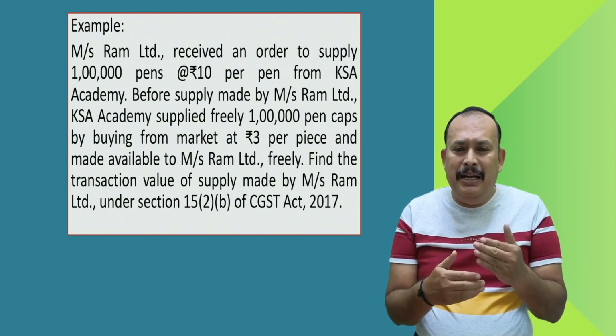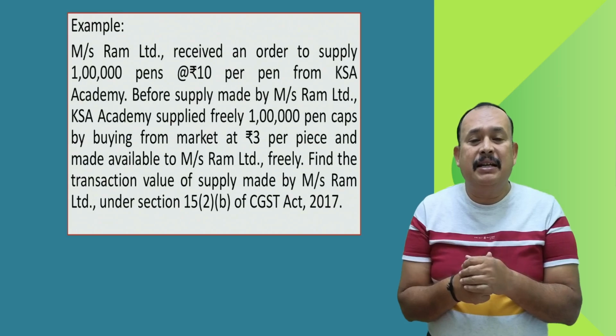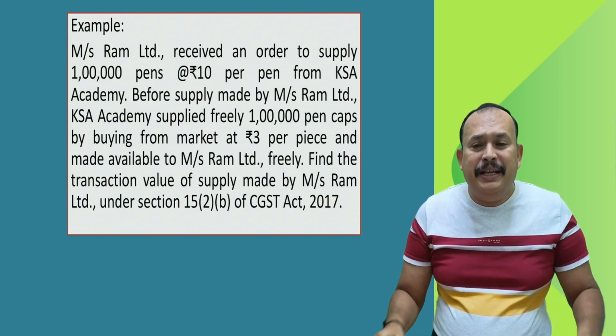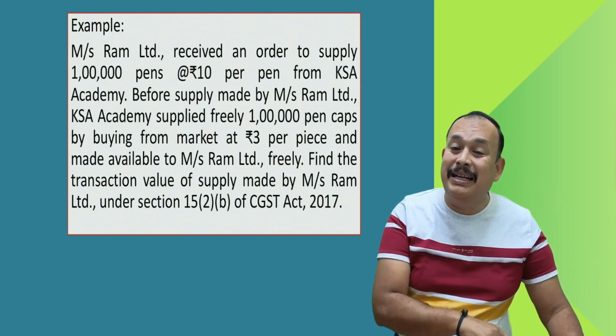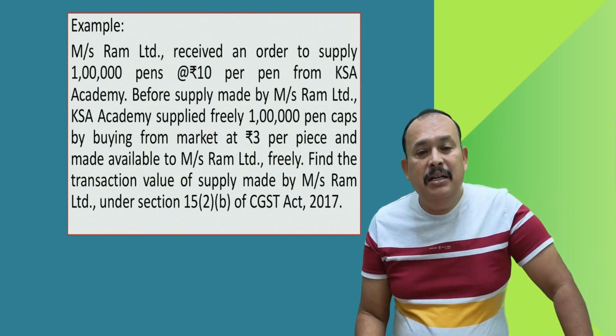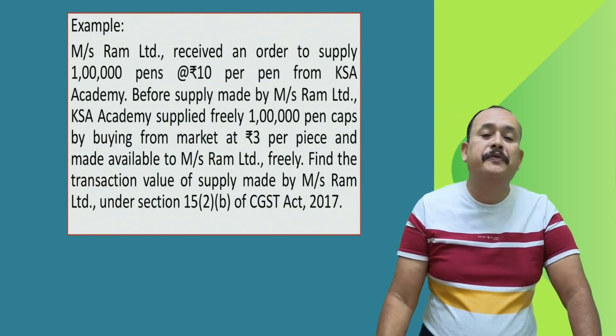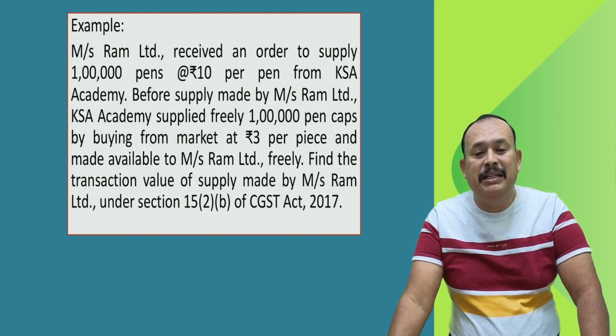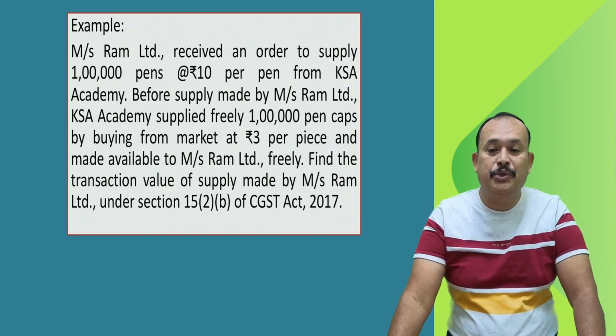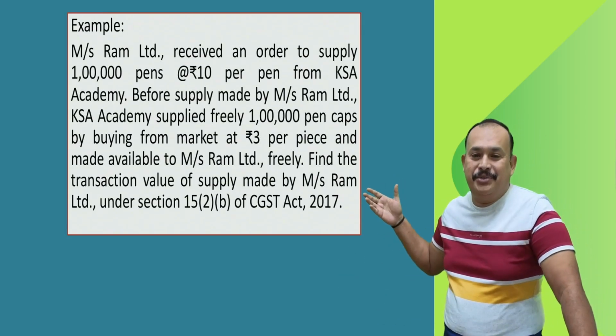Before supply by RAM Limited, KSA Academy supplied freely 1 lakh pen caps, bought from the market at 3 rupees per piece, and made them available to RAM Limited free of cost. Find the transaction value of supply made by RAM Limited under section 15 subsection 2 clause B of the GST Act 2017. How to understand this?